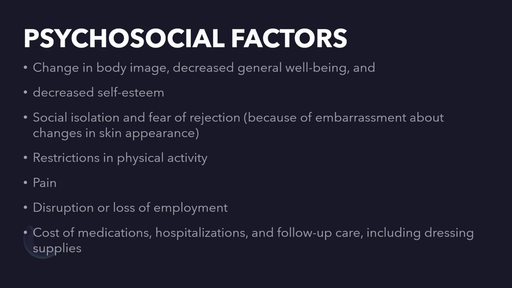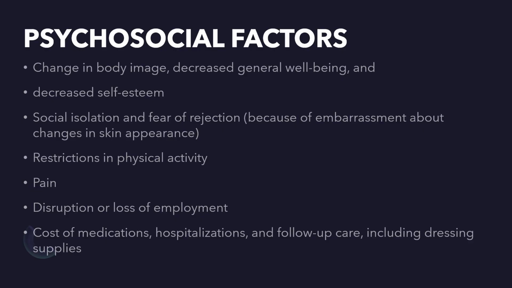There are some psychosocial factors that can affect the integumentary system, which are change in body image, decreased general well-being, and decreased self-esteem, due to which we can see social isolation and fear of rejection, which can be because of embarrassment about changes in skin appearance.